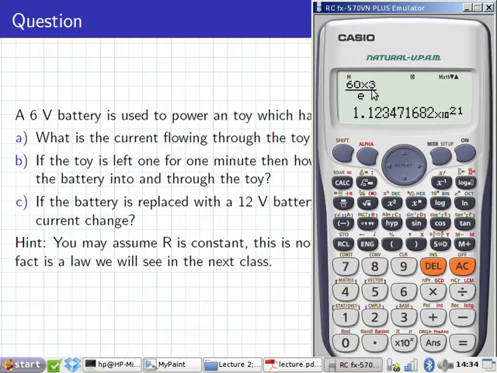Do you have this? 180 divided by this. Ah! You have it upside down. Why is there a 2 here? I don't know what you're doing, hang on. I don't know what's going on.